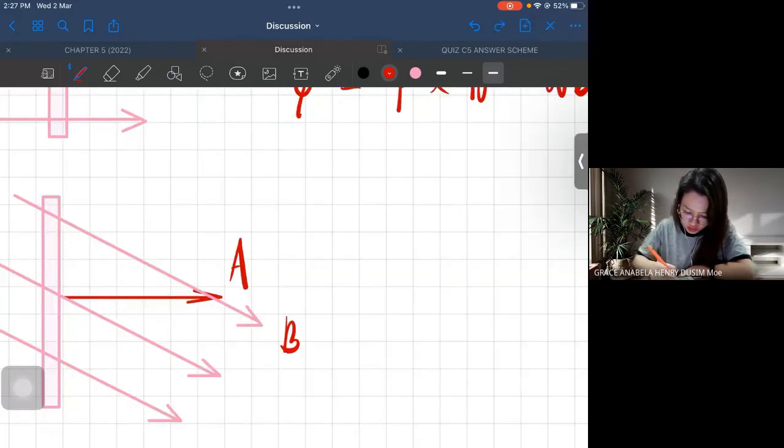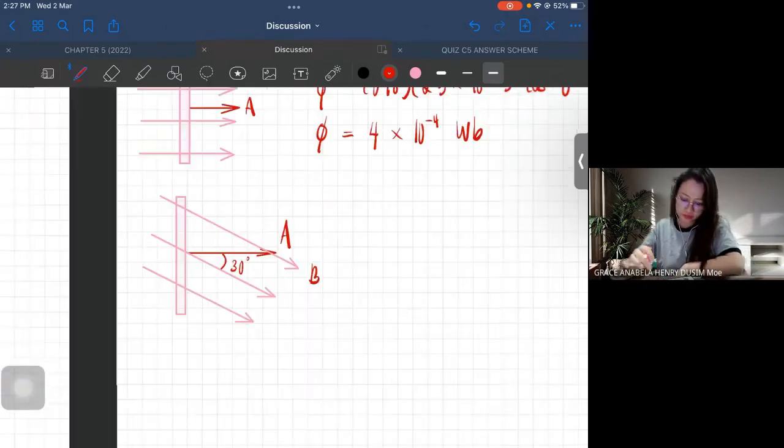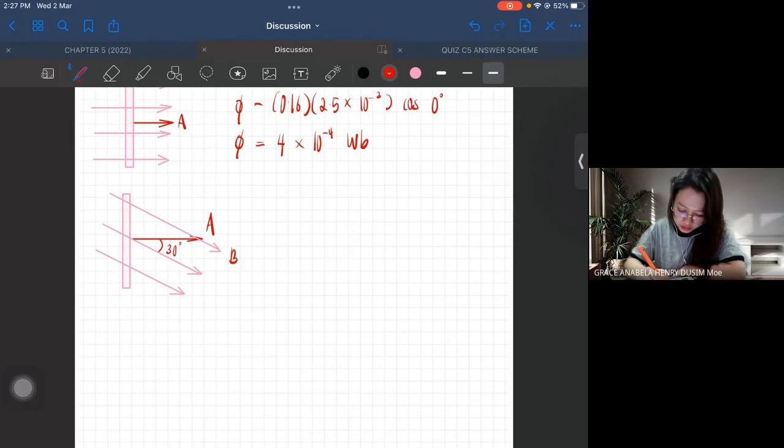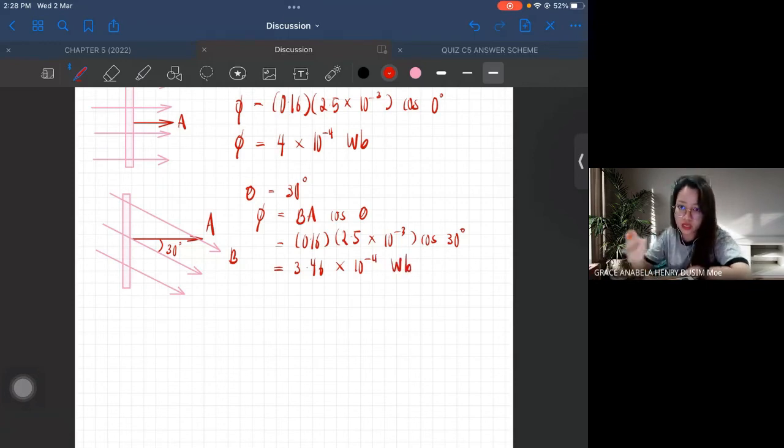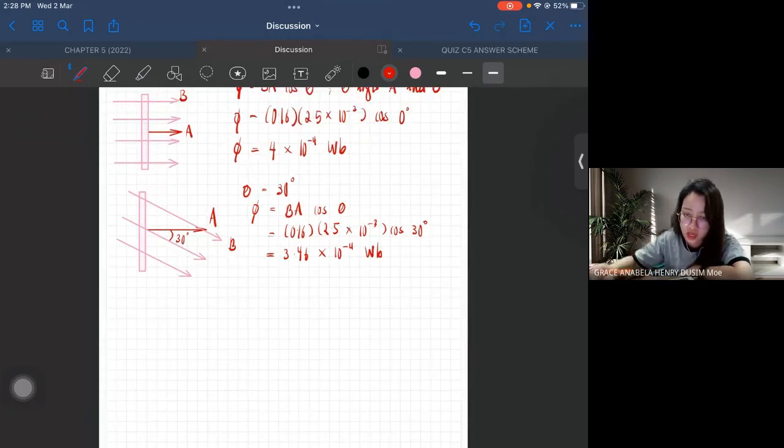They mention the magnetic field is 30 degree to the area of the loop, so the angle is just 30 degree. We get magnetic flux BA cos theta, so this is 0.16, 2.5 times 10 negative 3, cos 30 degree. The magnetic flux at this point is 3.46 times 10 negative 4 Weber. That is question 1A and B.